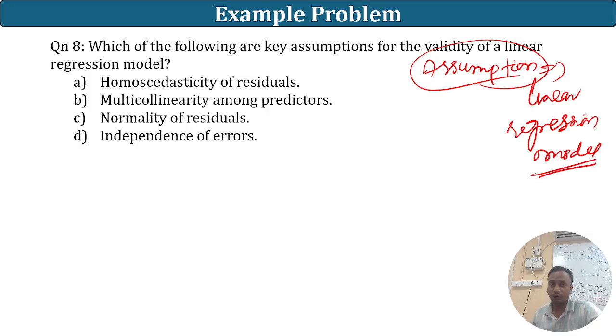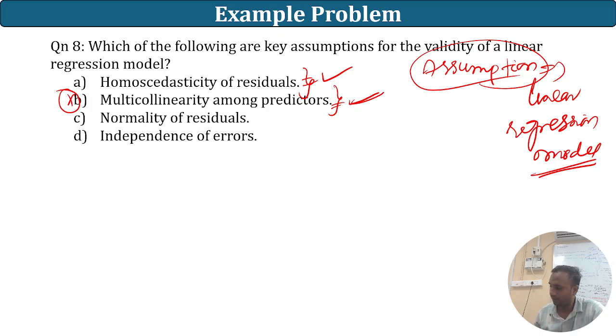Tell me what the options will be. Homoscedasticity of the residuals, correct? Multicollinearity among the predictors, it can be. Not multicollinearity, it should not be there.